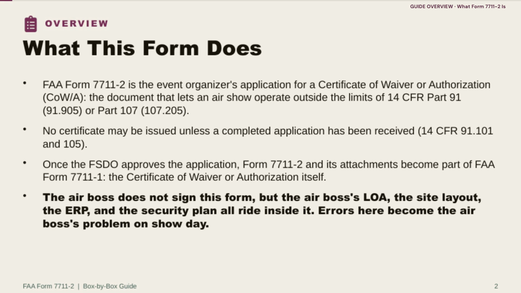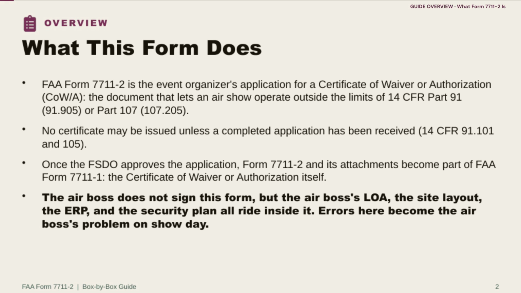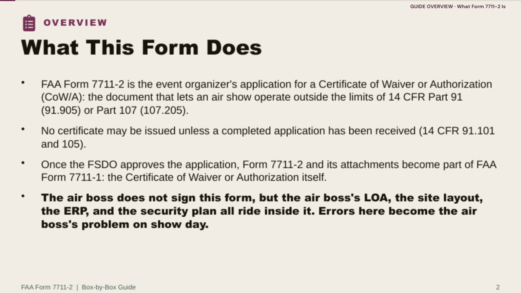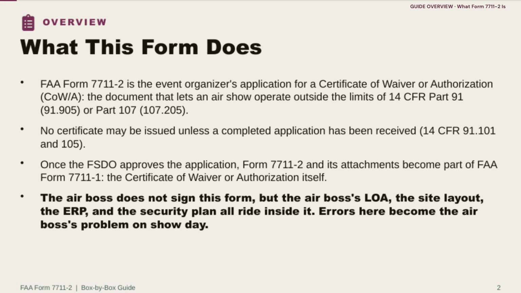Without a completed application on file, no certificate can be issued at all, under 14 CFR 91.101 and 105. Once the FSDO approves the package, Form 7711-2 and everything attached to it become part of Form 7711-1, which is a certificate itself.